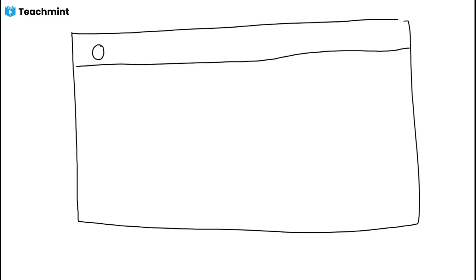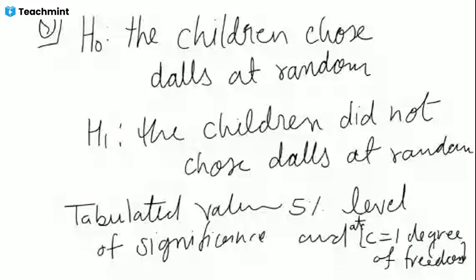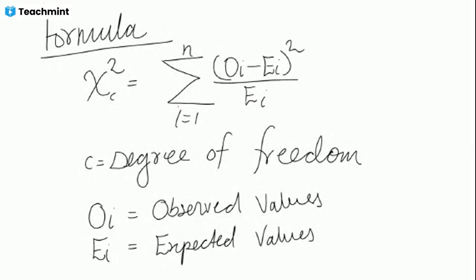We have OI, the observed value, EI, the expected value, and in the formula we have OI minus EI and over EI also.